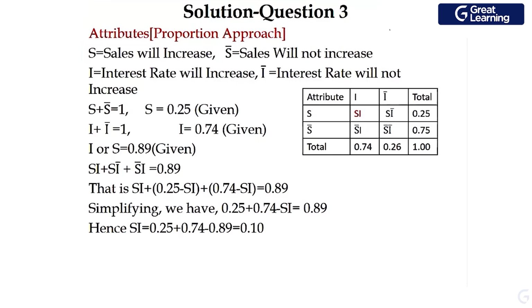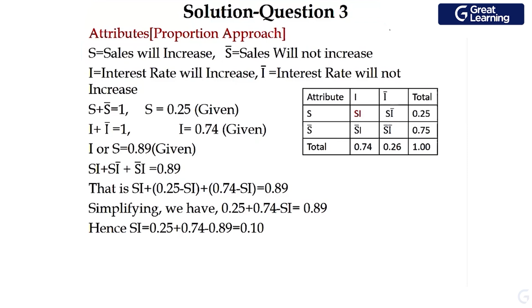Similarly, S bar I will be 0.26, 0.74 minus SI. I substitute. So when I simplify, I get 0.25 plus 0.74 minus 0.89. The answer comes. Anyway, I have not used the formula, but you can use it. S plus I minus SI, which is same as this.